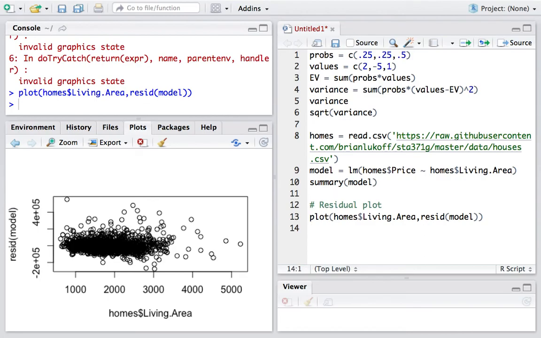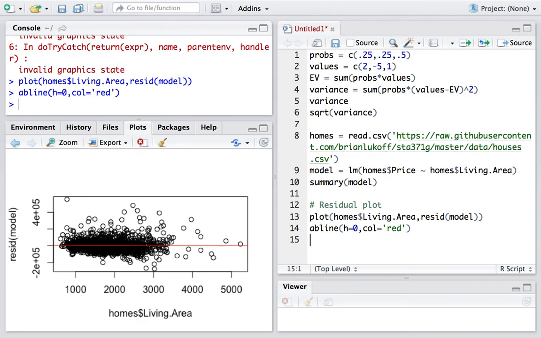If you really want that y equals 0 line to compare against, you find that by doing abline, and you tell it you want a horizontal line at 0, and I want the color to be red. So like y'all said, it looks pretty linear. Equal variance isn't super great, but it's not clearly violated.